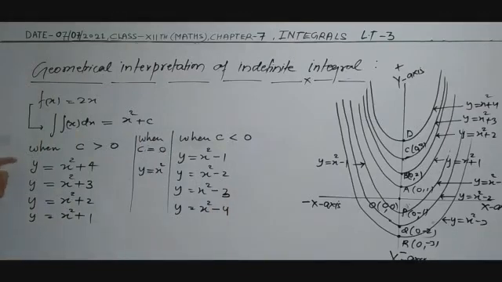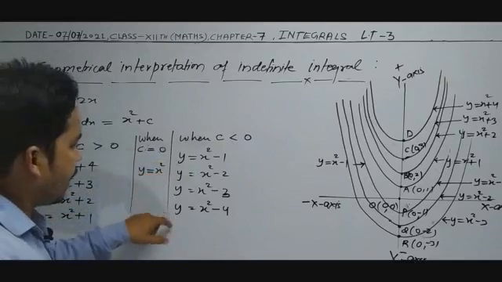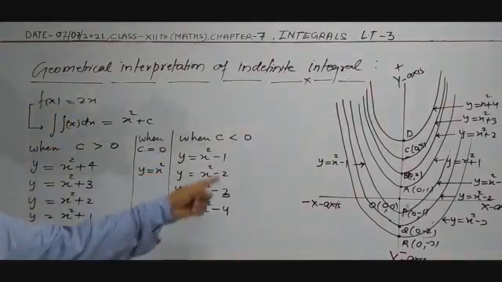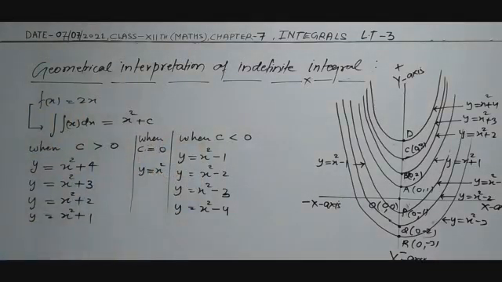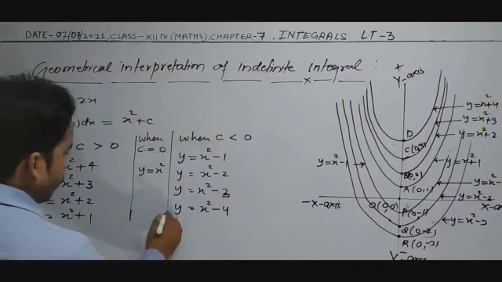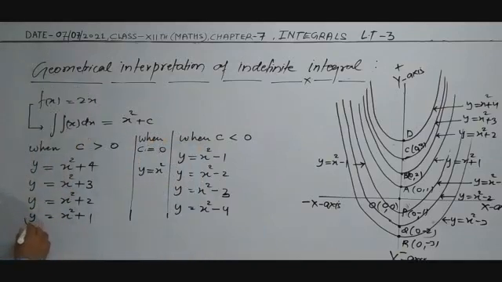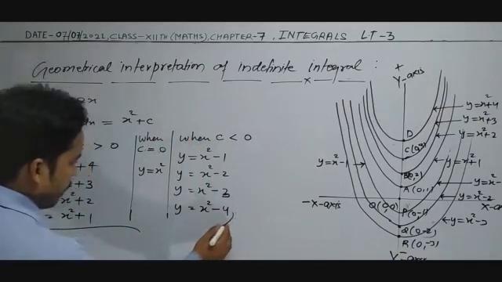So we get 9 equations: 1, 2, 3, 4, 5, 6, 7, 8, 9. When you differentiate all 9 equations, you will get a single derivative value.